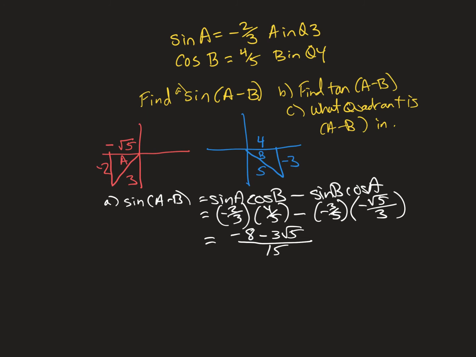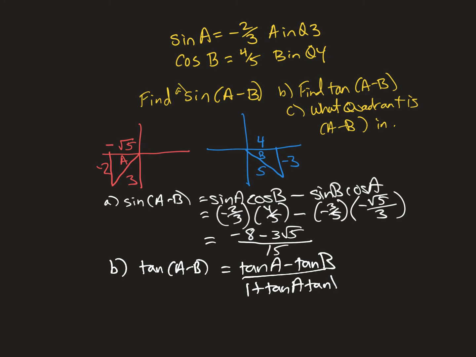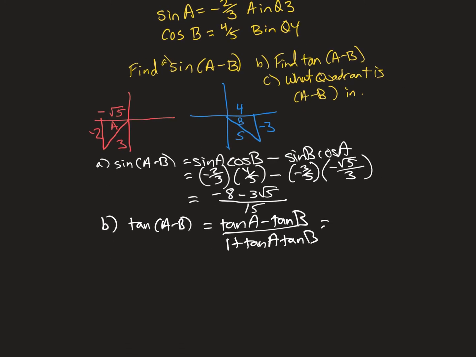Okay, let's do part B here. Tan of A minus B is tan A minus tan B over 1 plus tan A tan B. Minus is on the top, plus is on the bottom. This is going to be not pretty, but we're not going to simplify it too much.